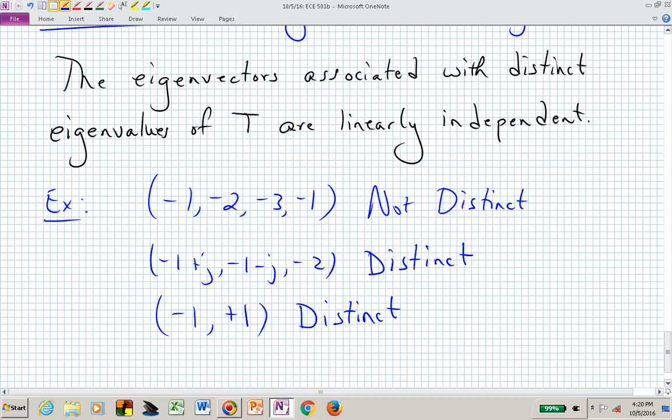Maybe what you're uncomfortable with is +1 being in the right half plane. You've maybe grown fearful of having eigenvalues in the right half plane. In a control setting, that's not where you want them, but it's okay. It's a distinct eigenvalue, so if we found the eigenvectors associated with -1 and +1, they would be linearly independent eigenvectors. Not necessarily orthogonal, but just linearly independent.